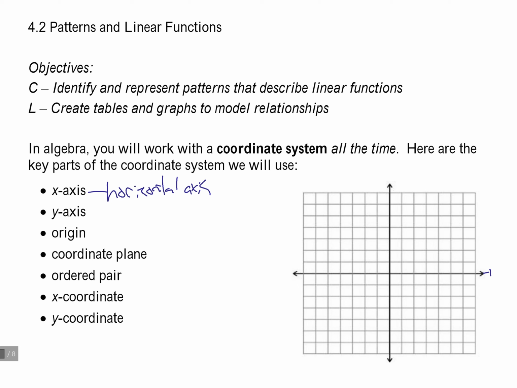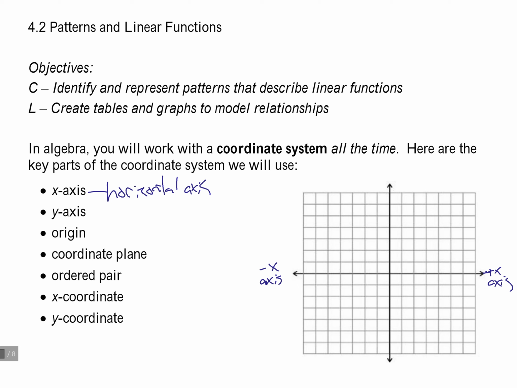So that's the positive x-axis here, and then the negative x-axis to the left. Just like a number line that we've been drawing all the way through Chapter 3, okay? So negative was to the left, positive was to the right.